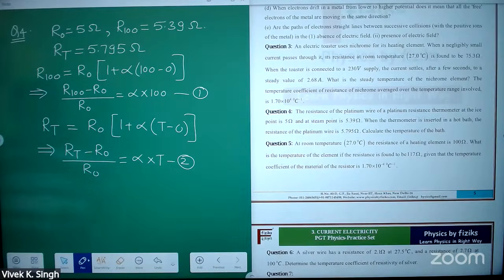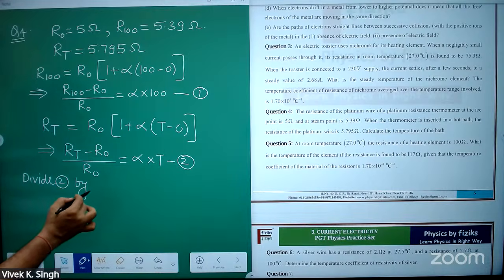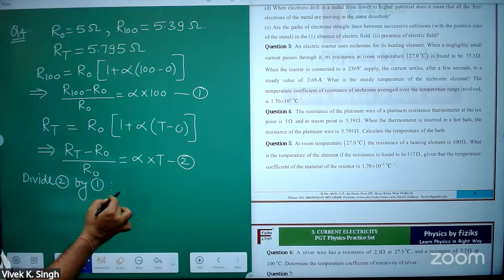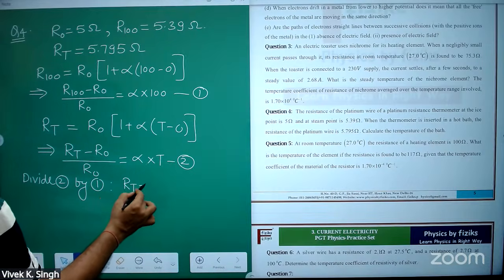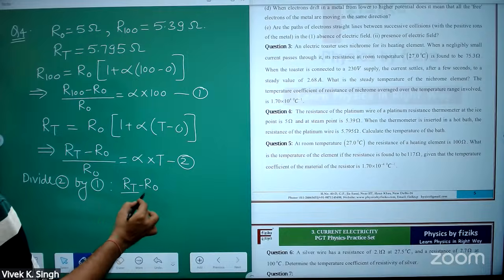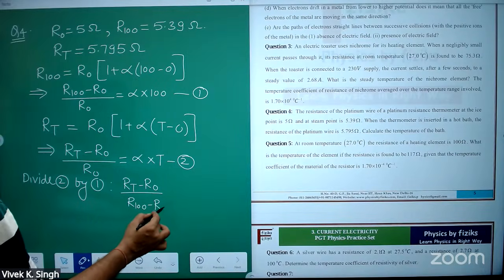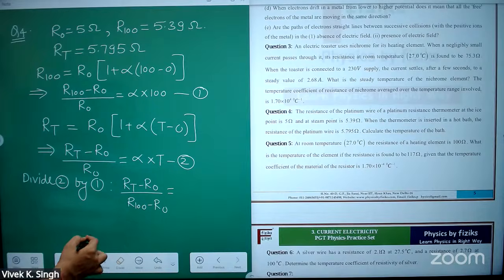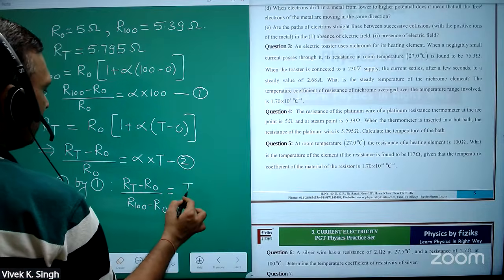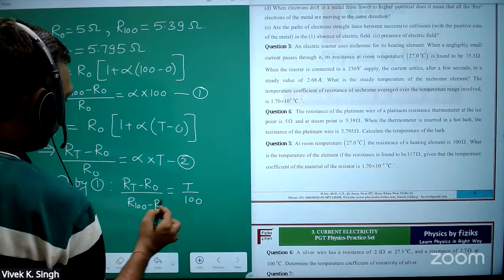Let's divide 2 by 1. That will give you RT minus R0 by R100 minus R0, and this will be T by 100.